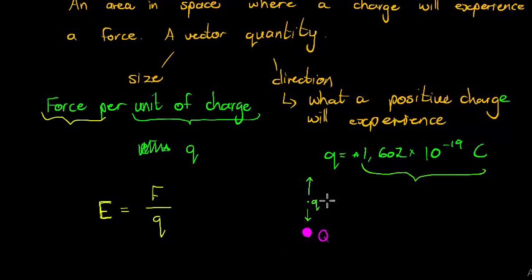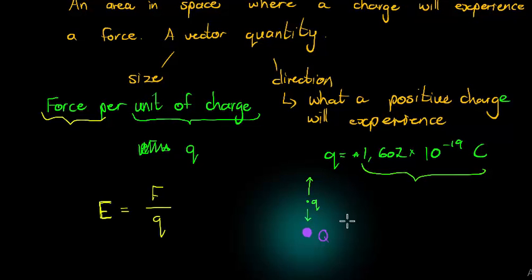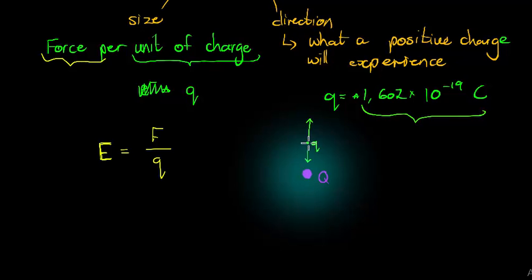Anywhere in space where this q is experiencing a force would be called the electric field. And so we can see there's a whole region of space around this charge where this object will experience a force that's attracting it or repelling it. And obviously the closer I get to the charge, the stronger that force will be.